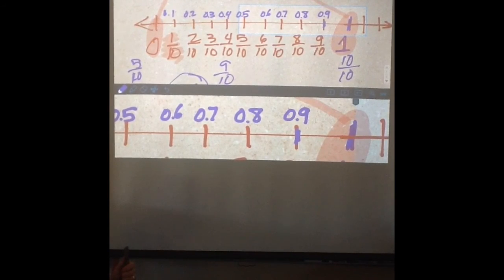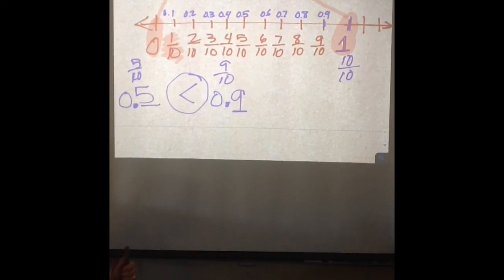So you see those up there? What if I put an 8 here and a 7 here? What symbol would I put? Greater than. Excellent.